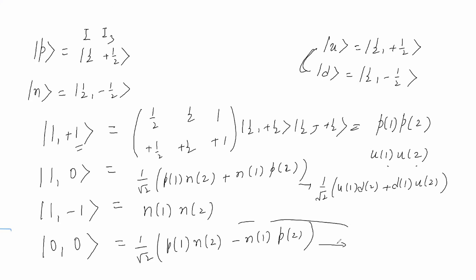Now my question is, I am giving you two particles, both of them are nucleons, and I want that the total isotopic spin projection should be +1, and also the total spin projection should be +1.